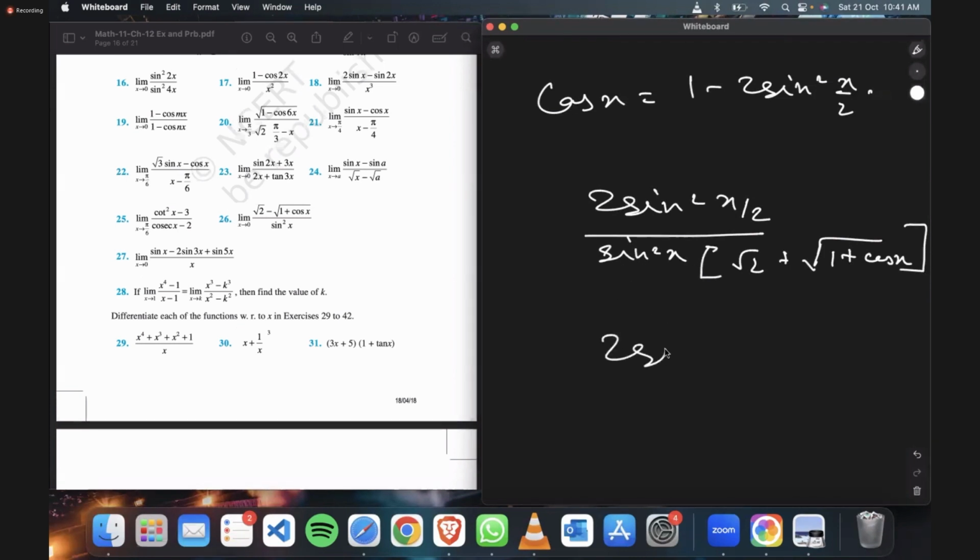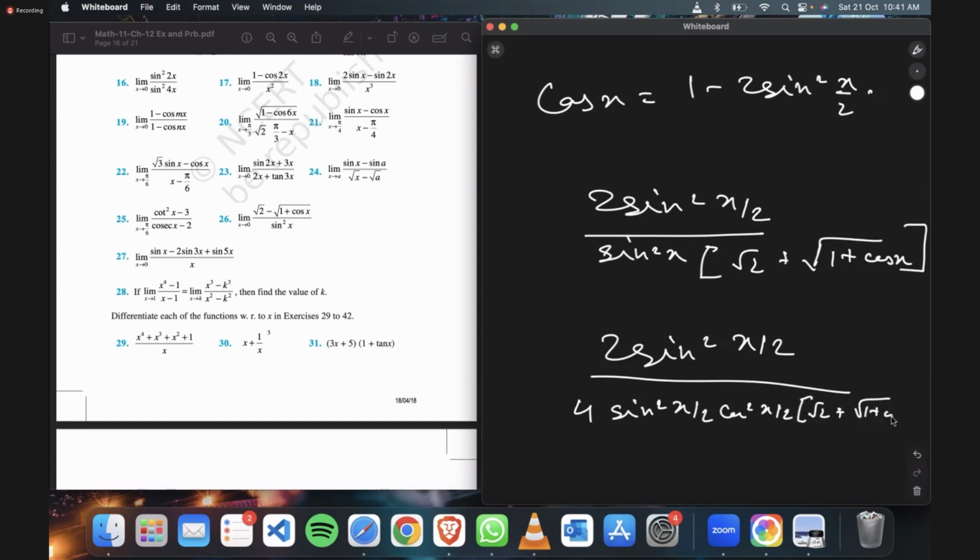Again, double angle formula might help me. Sine x is 2 sine x by 2 cos x by 2, the whole squared, so 4 times sine square x by 2 cos square x by 2, under root 2 plus under root 1 plus cos x.